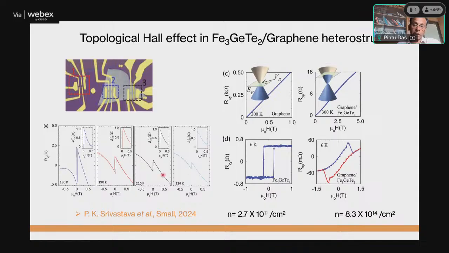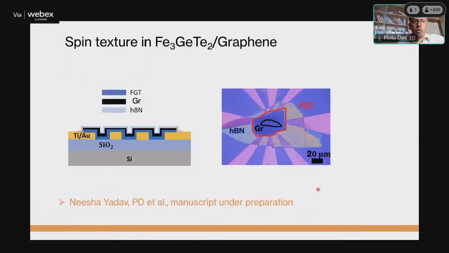They said this may be skyrmions because they have not measured it. They have shown that without graphene the hysteresis is like this, and with graphene the hysteresis is like this. So they said that this is possibly the topological Hall effect, and that's how they have reported this figure.